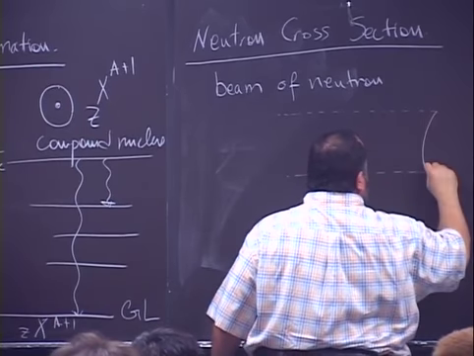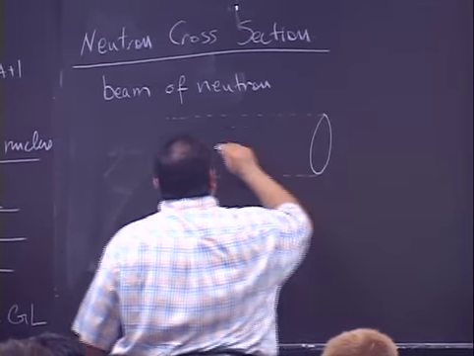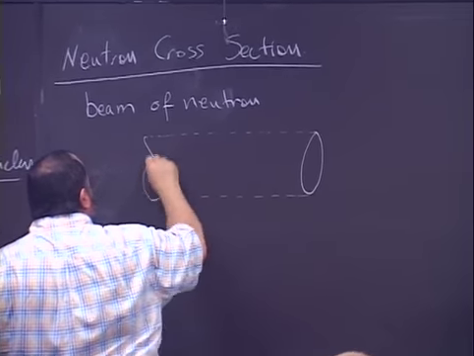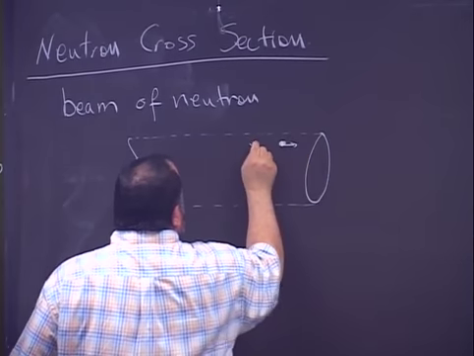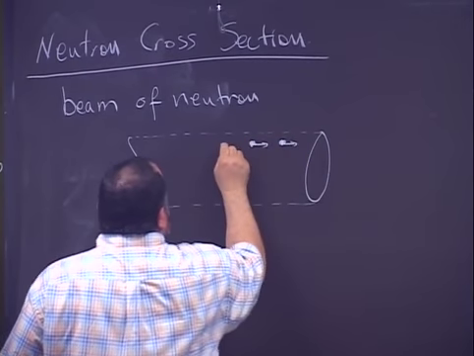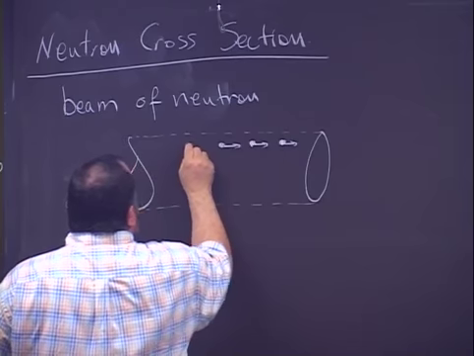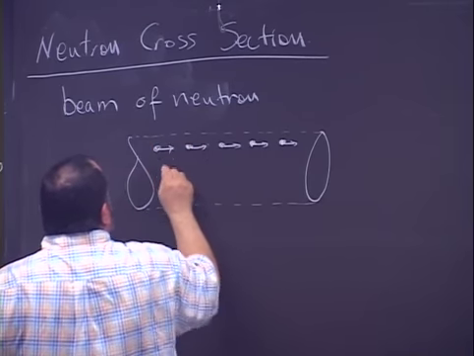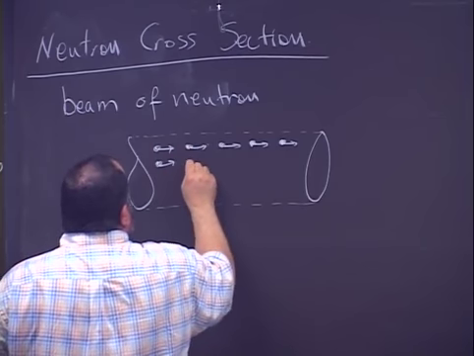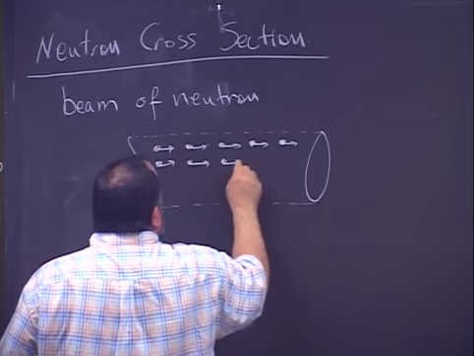This is the cross-section for the beam. One of the neutrons here is moving in one direction, and no neutrons cross the imaginary boundary of the cylinder.